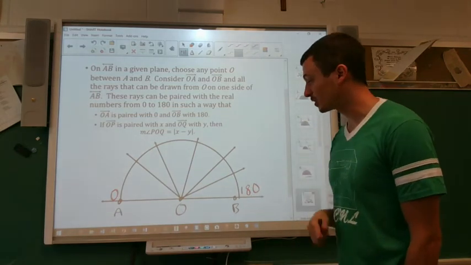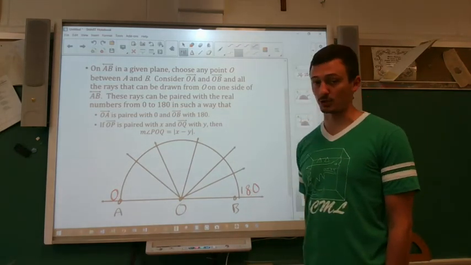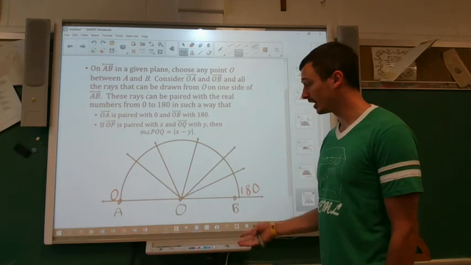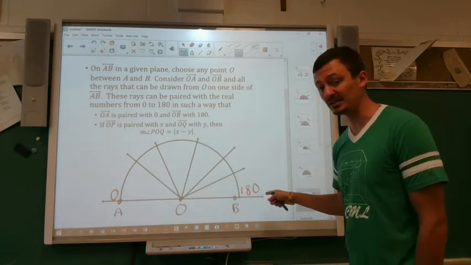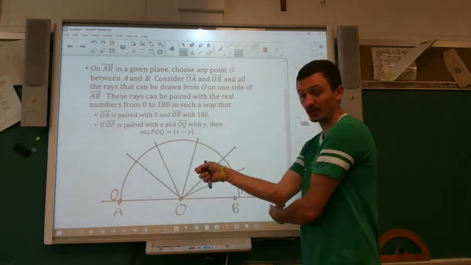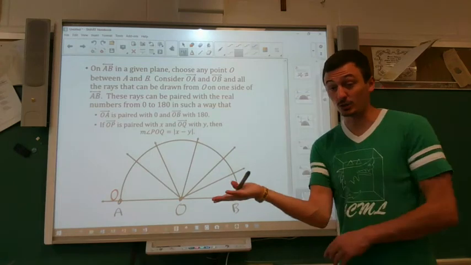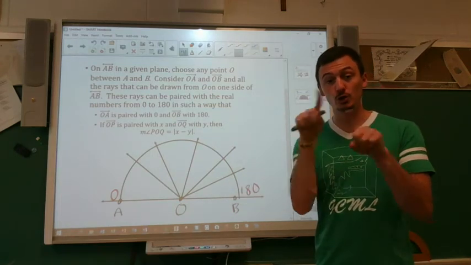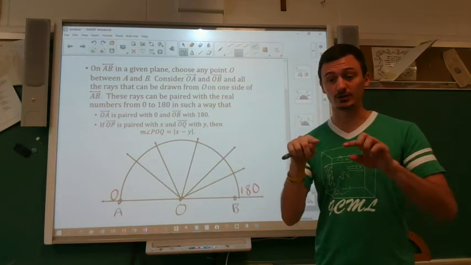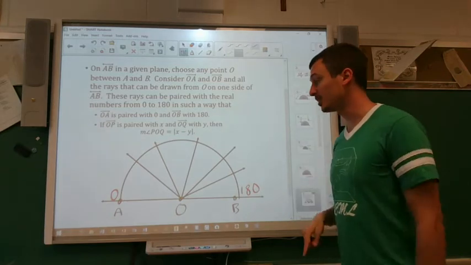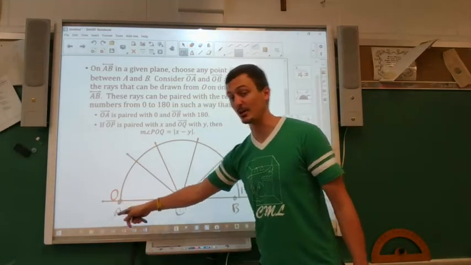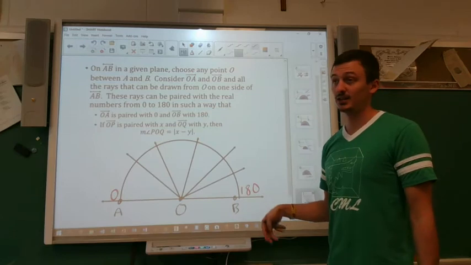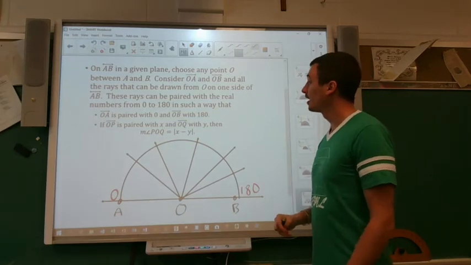And everything else in between is one of the angles on a protractor. Now, A doesn't have to be over there, and B doesn't have to be over here. If we switched it, it would still work out. And when you look at a protractor, that's why there's two scales on it. There's an inside scale and an outside scale. Because maybe 0 is on this side, or maybe 0 is on this side. It doesn't really matter.